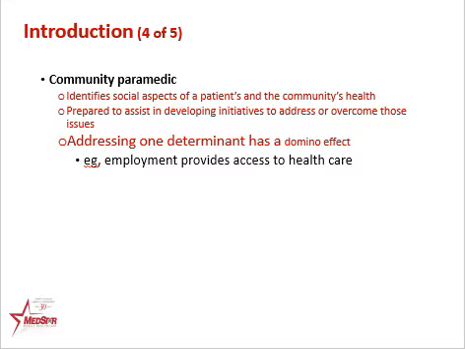Additionally, what we have found is that addressing one social determinant can have a somewhat domino effect. For example, when a person finds employment, it not only increases their income, but it may also allow them better access to health care. And when they have better access to health care, it may improve their ability to take control of their own health and maybe the health of their family.